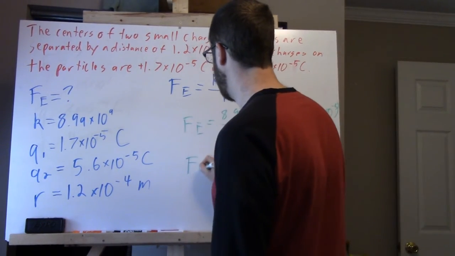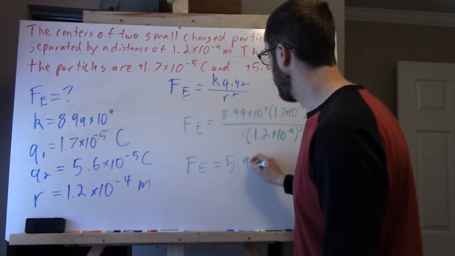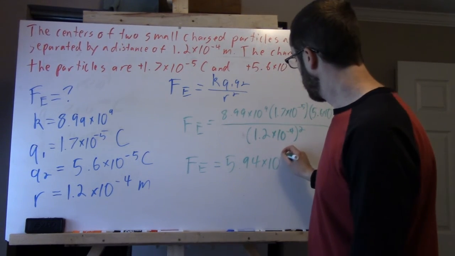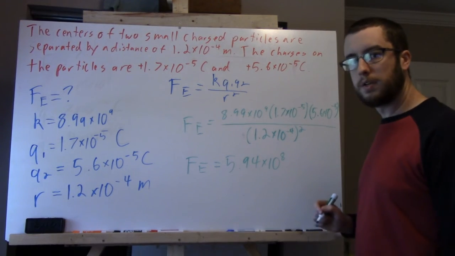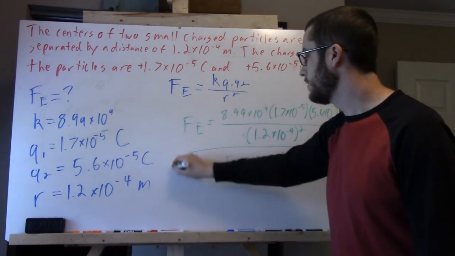Fe should come out to be 5.94 times 10 to the 8th. And then that's going to be a force, just like every other force, so it will be newtons.